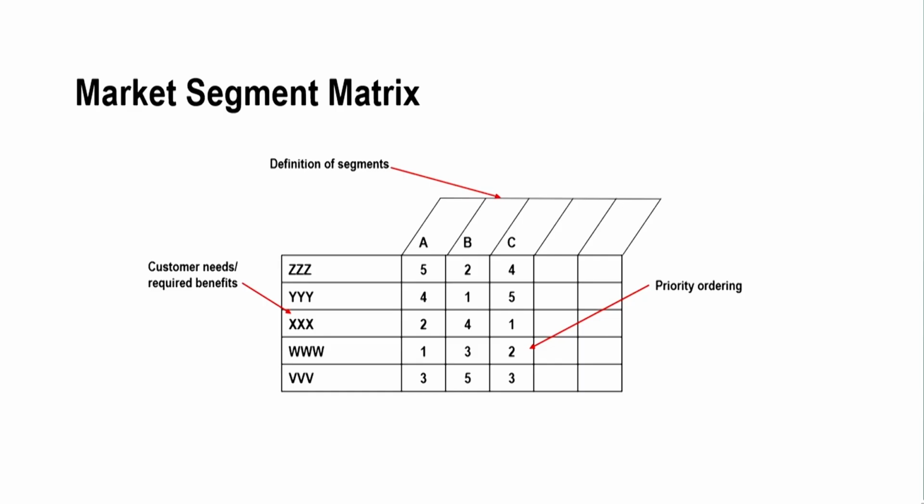the horizontal axis which you see as A, B, C. And then we can create some kind of priority. For example, here we are saying that priority will be 1, 2.